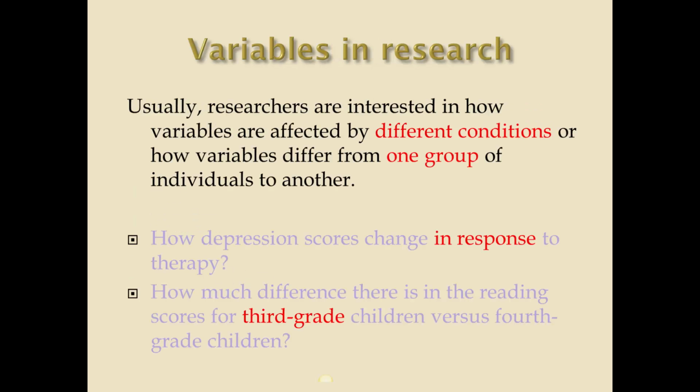In research, we use variables because we want to compare the effectiveness of different methods or different situations. So we have to measure the variables to see how the variables change under different conditions. For example, how depression scores change in response to therapy.